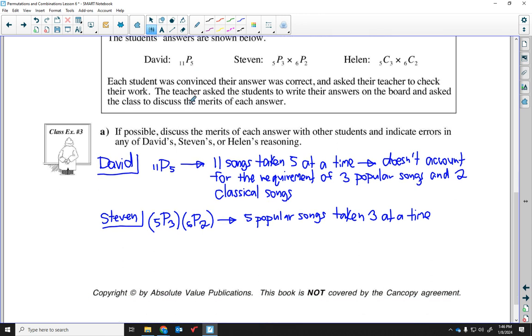We're going to choose 3 of them. And then what we're going to do, I'm going to really highlight the "and then" portion right here. You're going to have 6 classical songs, taken 2 at a time.